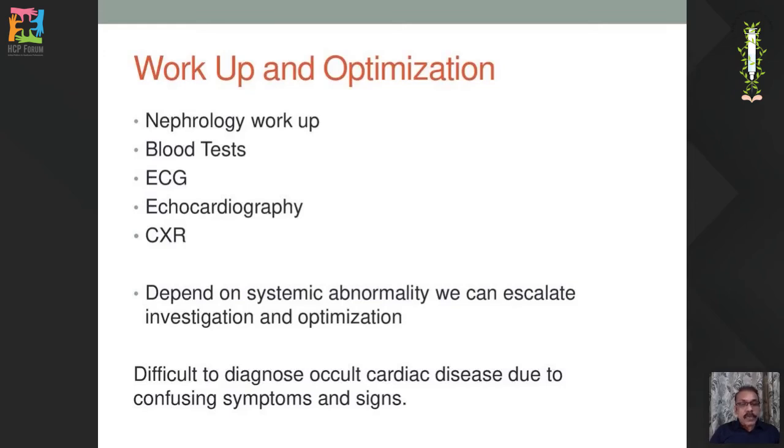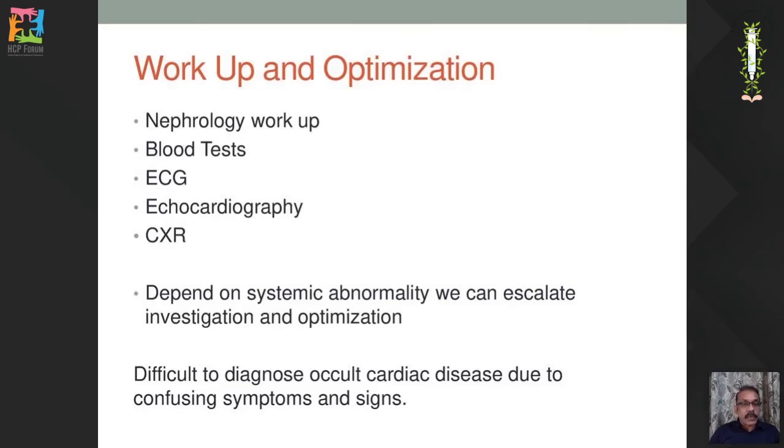It is very difficult to diagnose occult cardiac disease because of very confusing and very similar symptoms. Like if a patient complains of chest pain, it can be just pericardial pain, and for a patient who has dyspnea, whether it is because of heart failure or volume overload or real failure.